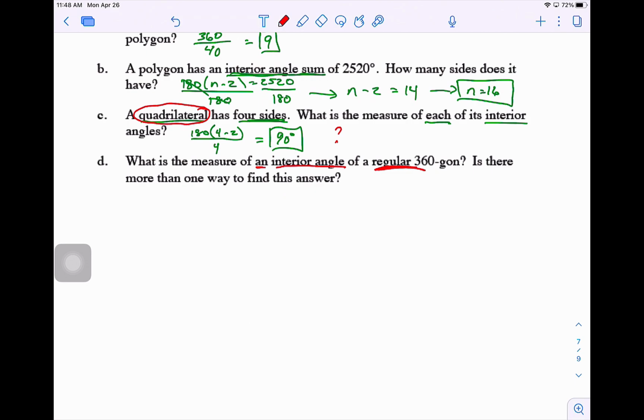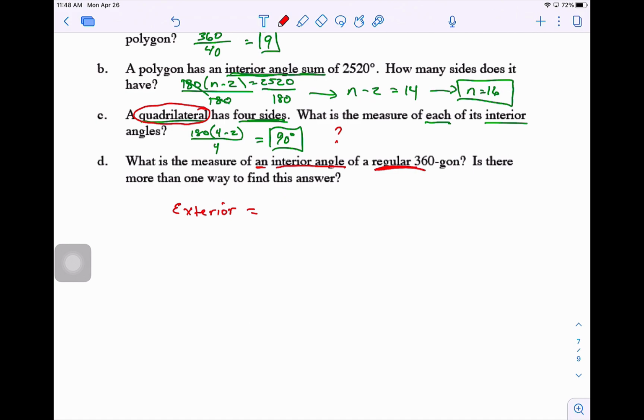Sometimes it's easier to go through and use the interior angles and find it directly. Sometimes it's easier to use the exterior angles. I'm going to do the exterior one first. What's the measure of each exterior angle on this one? If you have a 360-gon, each exterior angle would equal what degree?